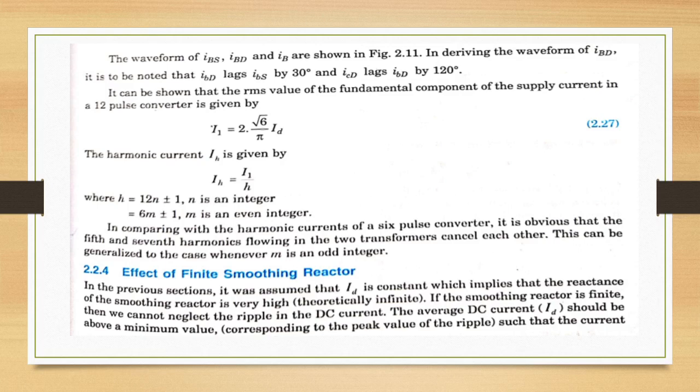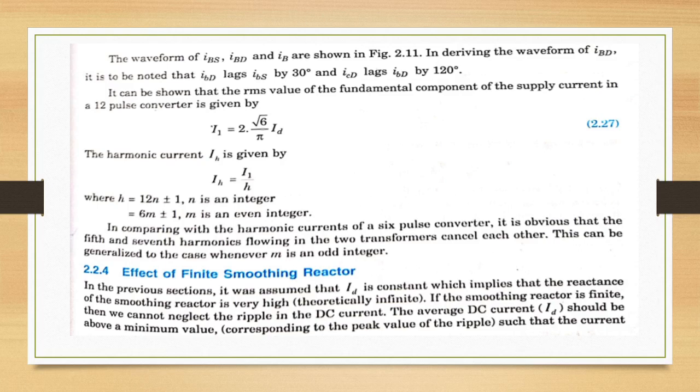Let us see the effect of a finite smoothing reactor here. Earlier we assumed that ID is constant, which implies that the reactance of the smoothing reactor is very high. If the smoothing reactor is finite, then we cannot neglect the ripple in the DC current. Average DC current should be above a minimum value corresponding to the peak value of the ripple, such that the current in the DC link remains continuous.